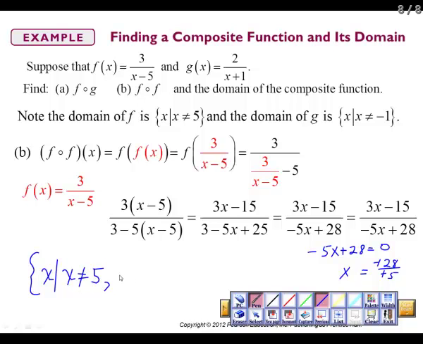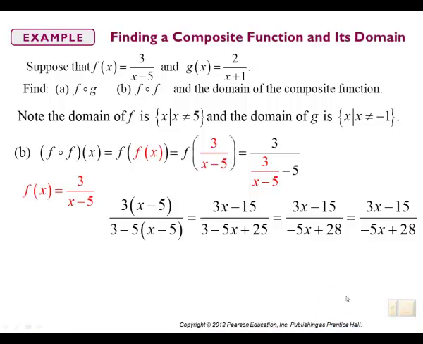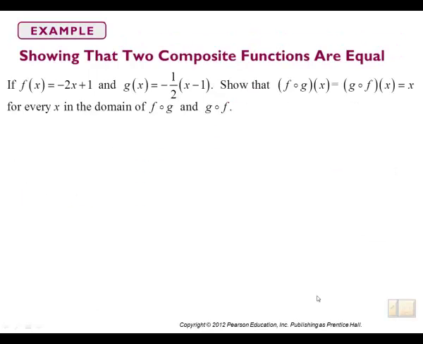And so now we also know that x cannot be 28 over 5. Okay, and so there's your inside and your composite. And there we go. There's our domain.